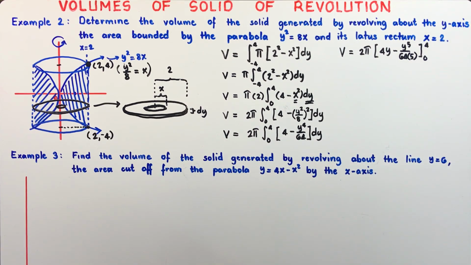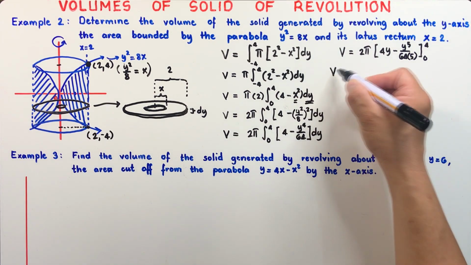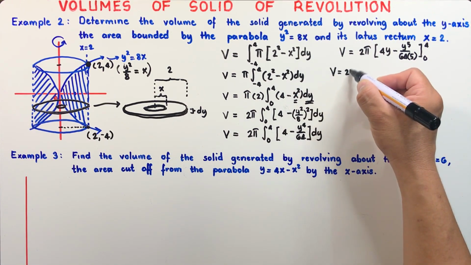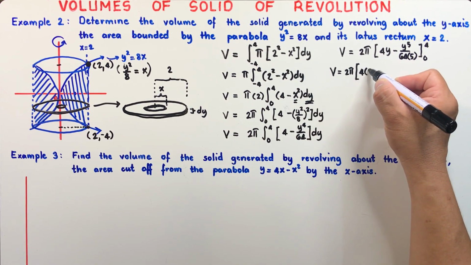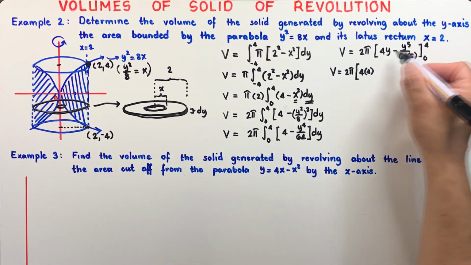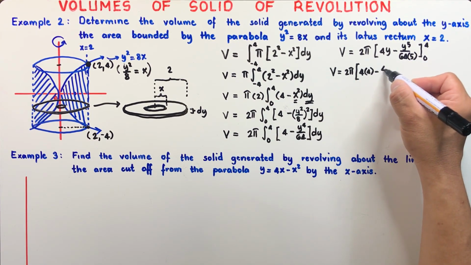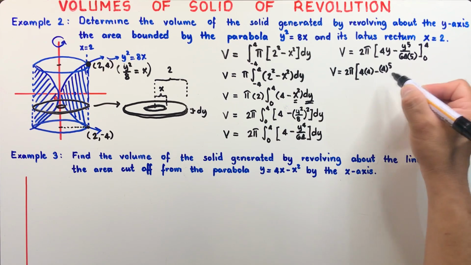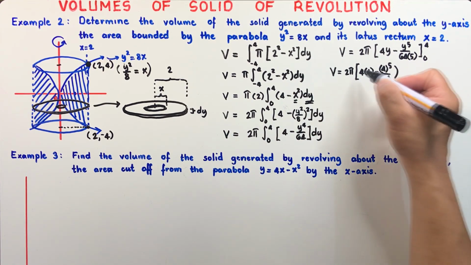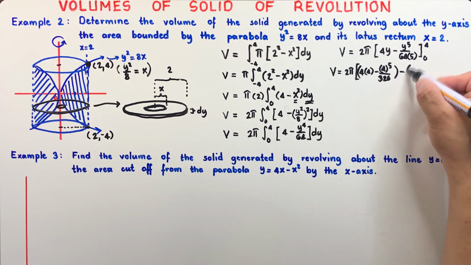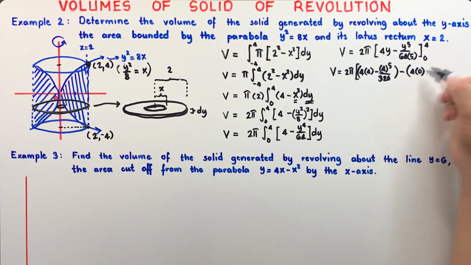evaluated from 0 to 4. So substituting our limits of integration, we have 2 pi times 4 times 4. If you substitute this 4 here, this is 4 to the power of 5 over 320. And this will be subtracted by 4 times 0 minus 0 to the power of 5 over 320.